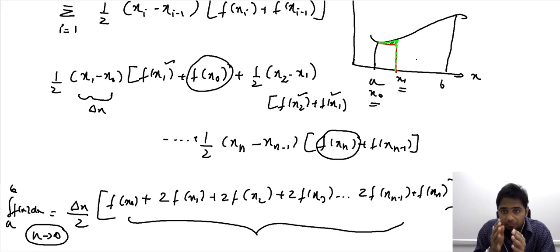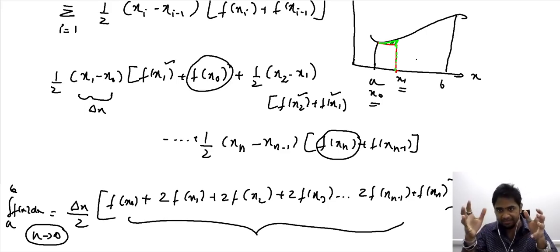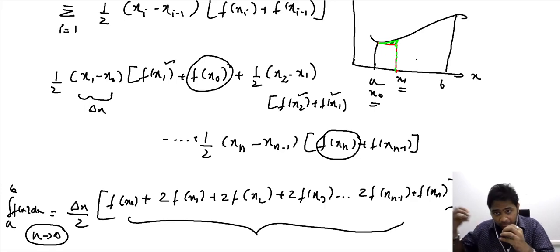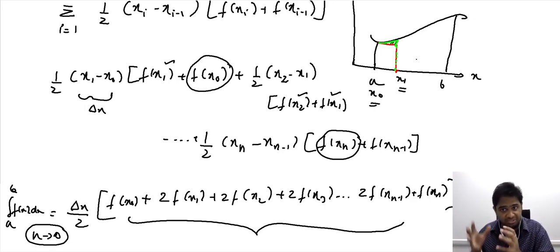When you keep on increasing your n, of course, that will occur at the cost of computational resources. Despite that, if you keep on increasing your n, you are getting closer and closer to the area enclosed by this curve. So as n tends to infinity, the error associated with the approximation decreases.